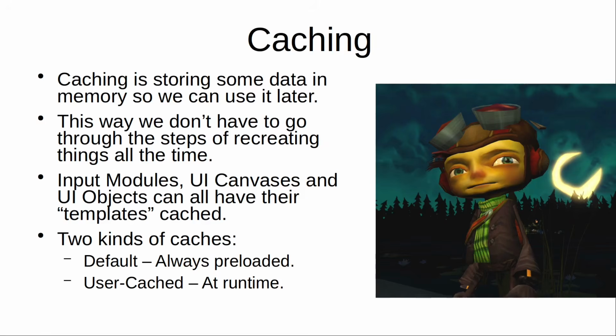Let's say we're going between a boat and flying a plane or something, and they have different input modules that work slightly differently. We may want to keep all those in memory so we can reference them when we need them instead of recreating them every time. And this will save runtime. This will make things run faster. It does require more memory, but in most cases, I think it should be fine.